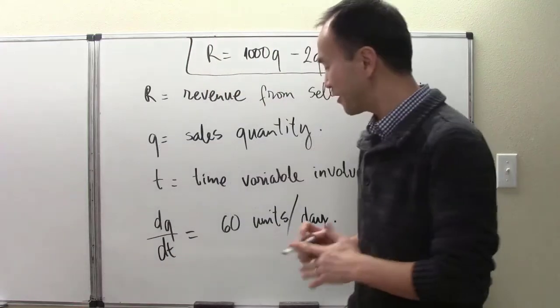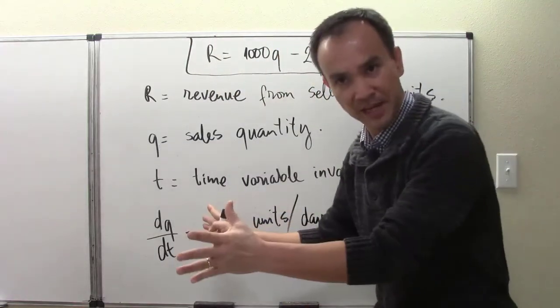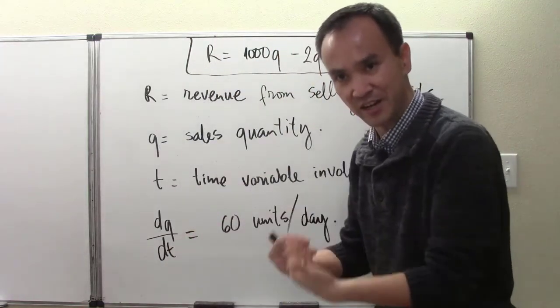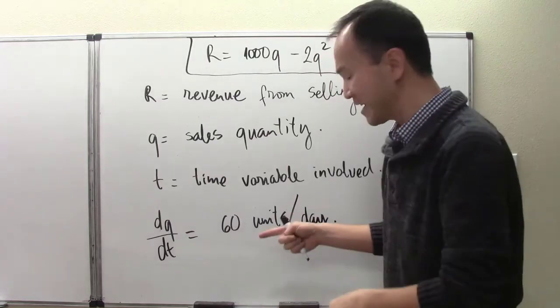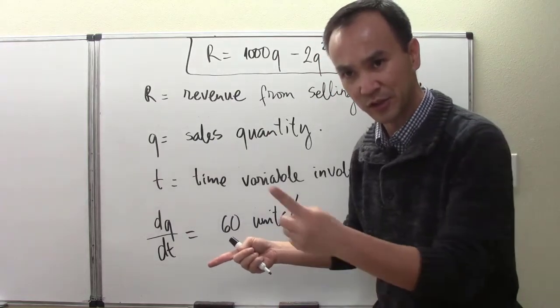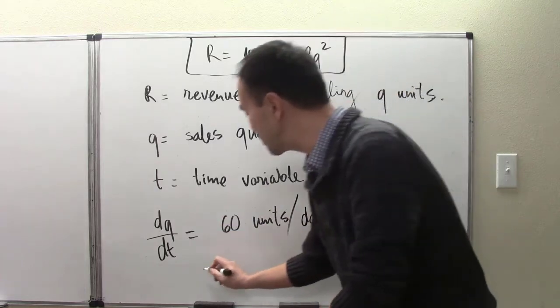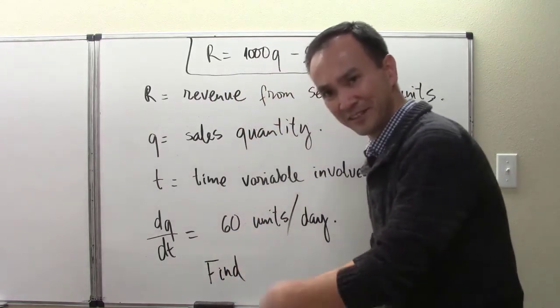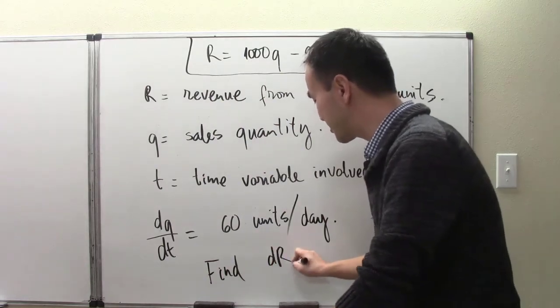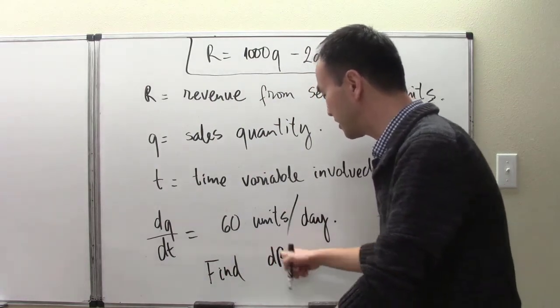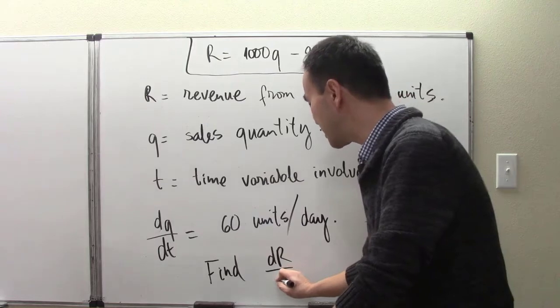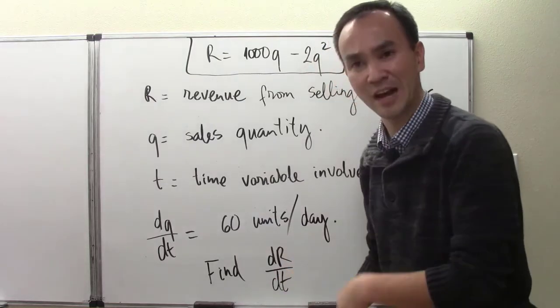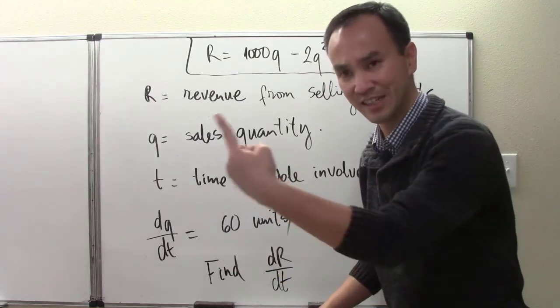That means, mathematically speaking and together with our understanding in calculus at this point, we want to find the change in revenue as a rate over time. How fast? dR/dt.